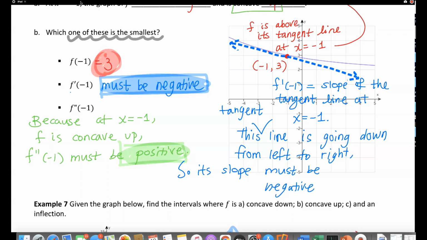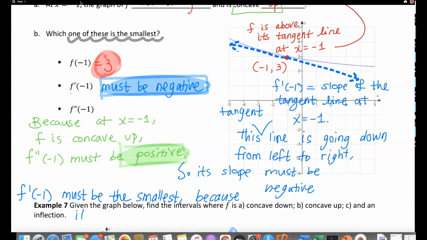We're going to say f prime of -1 must be the smallest because it is the only negative value out of all 3.